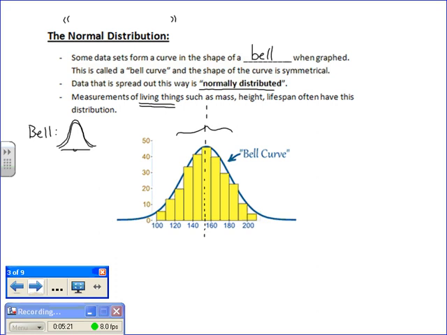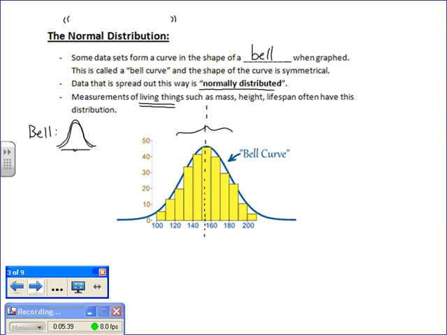A couple of things I want to recognize about this bell curve. Because it's symmetrical, in other words, I could divide it right down the middle. One thing I want to recognize is that all of these rectangles, all added together, represent all of my data.